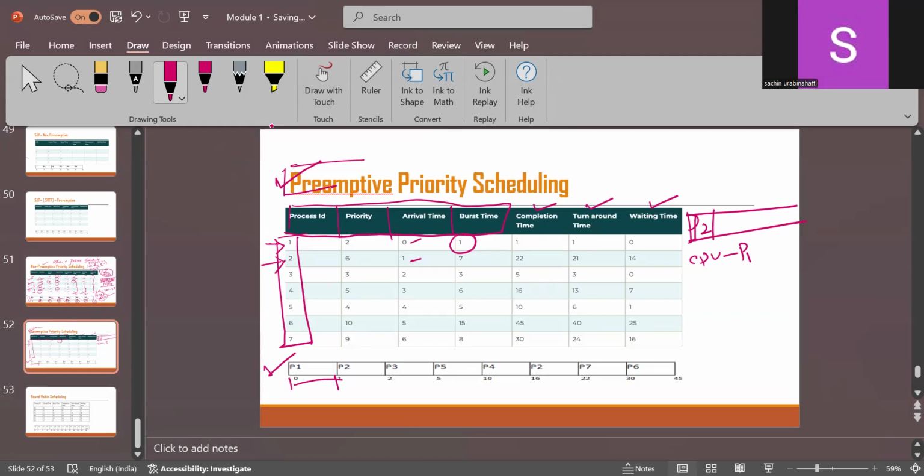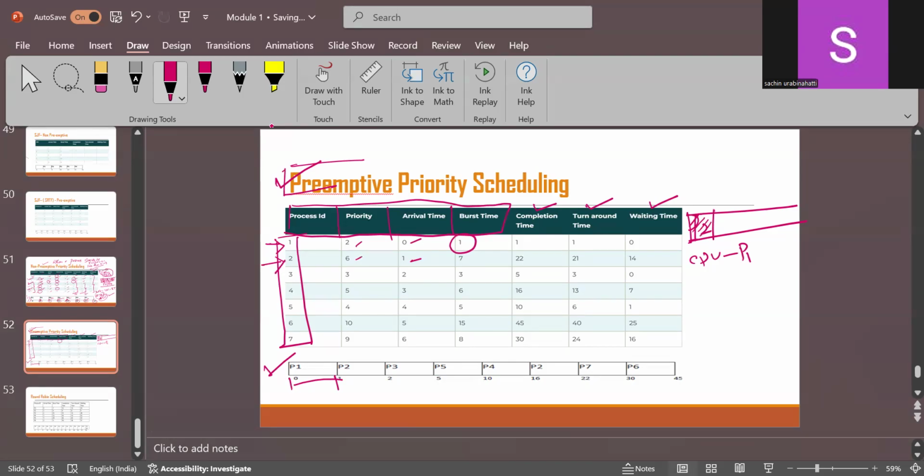Even if it had not completed, we would need to check the priorities of P1 and P2, and P1 would win. But since P1 is completed, the next process is P2, and P2 starts its execution, so it is no longer in the queue.